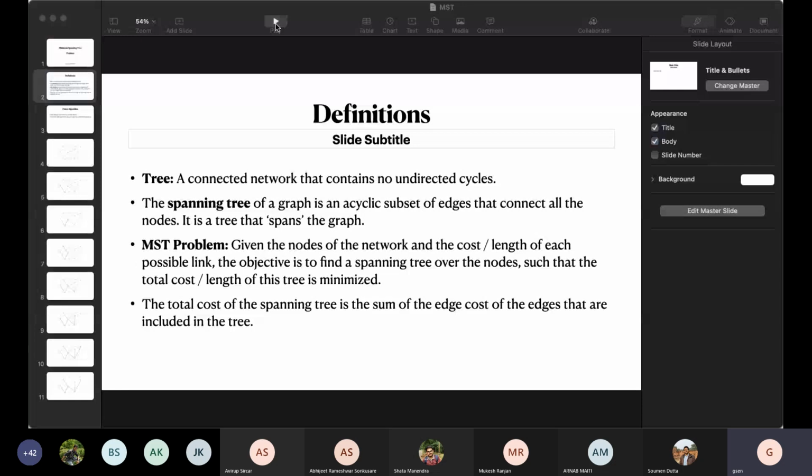Now the problem is how to lay the network, how to lay the lines which will connect these stations. Now in many ways this can be laid, and here they want the spanning tree which will cover all these stations, because no station can be left behind, right? So they want to find a tree which will connect all these stations and will also have minimum cost.